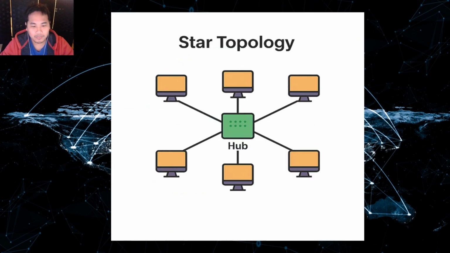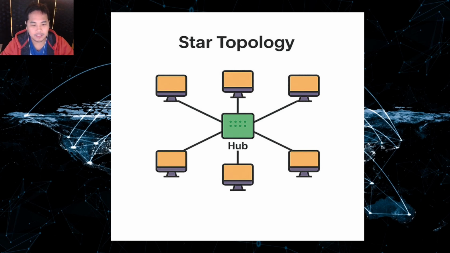Now we're going to talk about star topology. This is the most common topology today. Your home and your office network almost certainly use it. Every device connects to a central switch. Your laptop plugs into the switch. The printer plugs into the switch. Nothing connects directly to another device. The benefits are huge. If one cable fails, only that device loses connection.